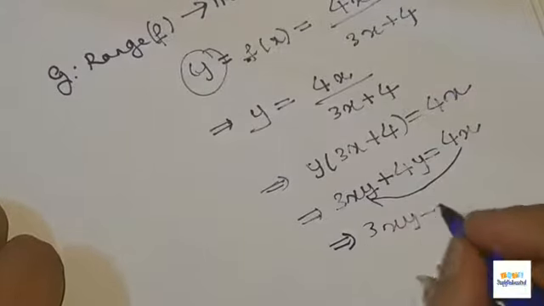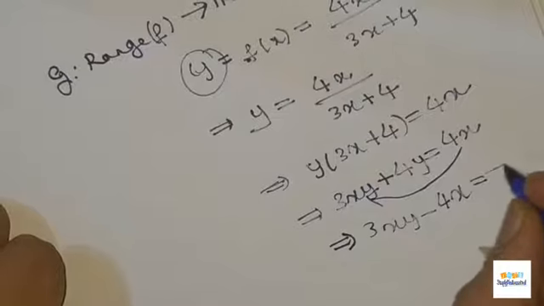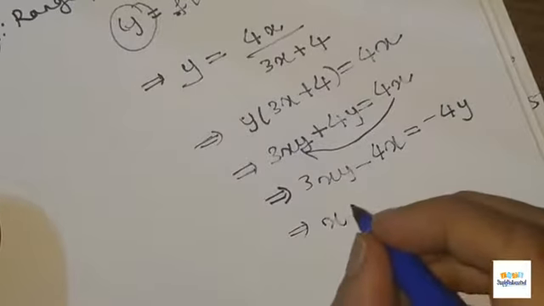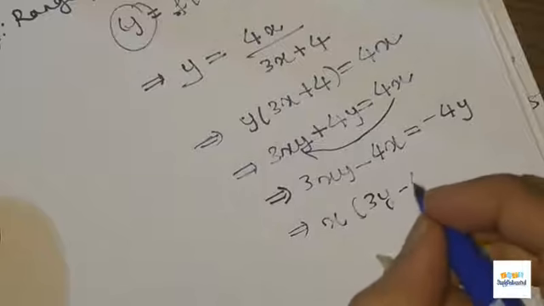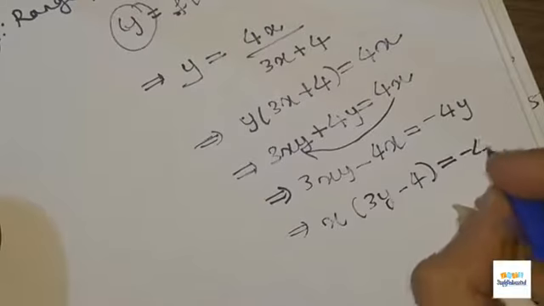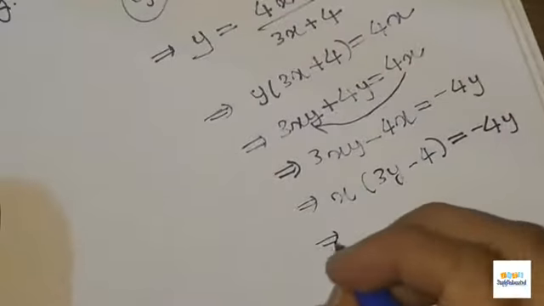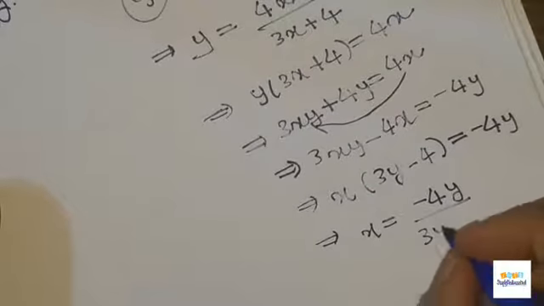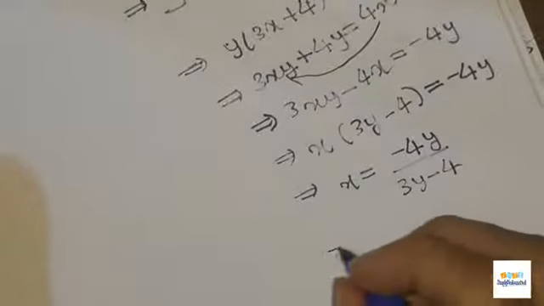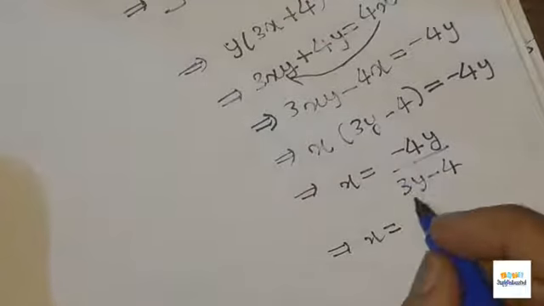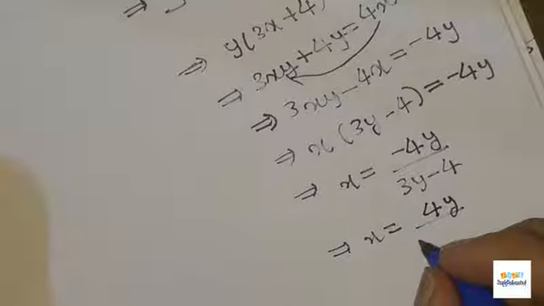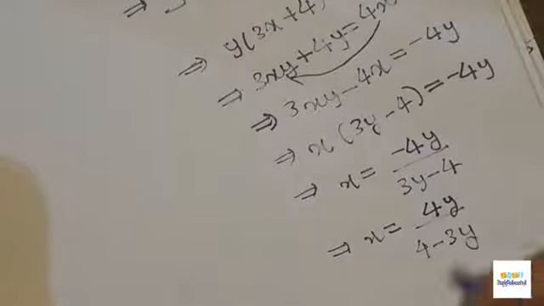So you'll get 3xy minus 4x equal to -4y. That means if you take x common, you'll get x times (3y minus 4) equal to -4y. So x will be equal to -4y divided by 3y minus 4, or if you take the minus sign into the denominator, you will get 4y divided by 4 minus 3y.